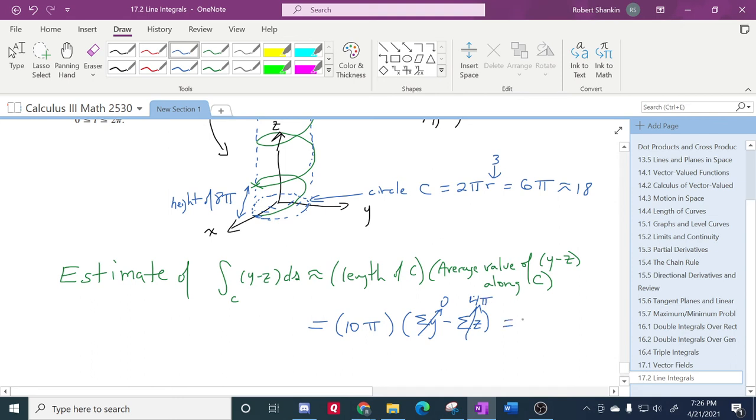So this is going to be 10 pi times negative 4 pi, which is negative 40 pi squared, which is, let me punch that out on my calculator.